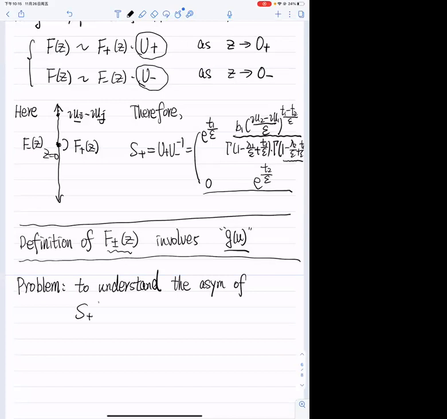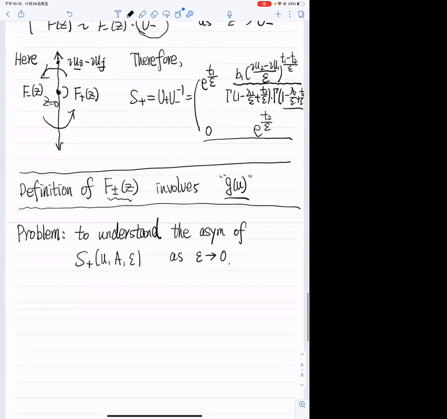In the 2x2 case, of course, in the real case, we only have S plus and S minus, these two guys, and the asymptotics of these guys as epsilon, the real parameter, goes to 0. This is simply a matrix, so let's denote its entries by ij.